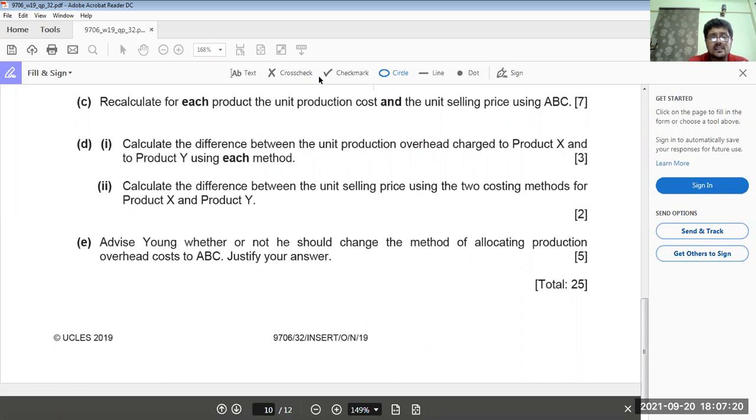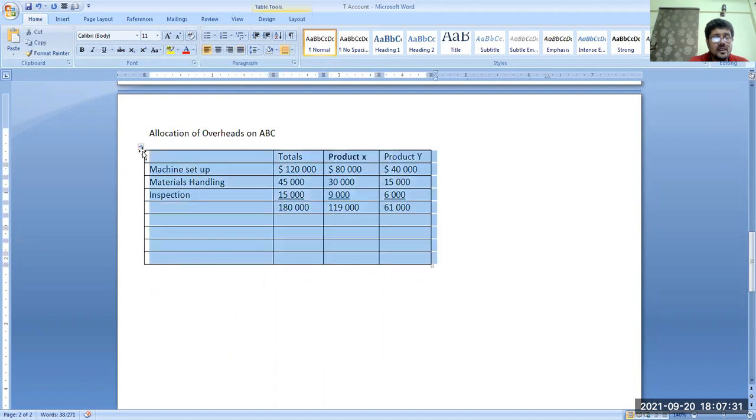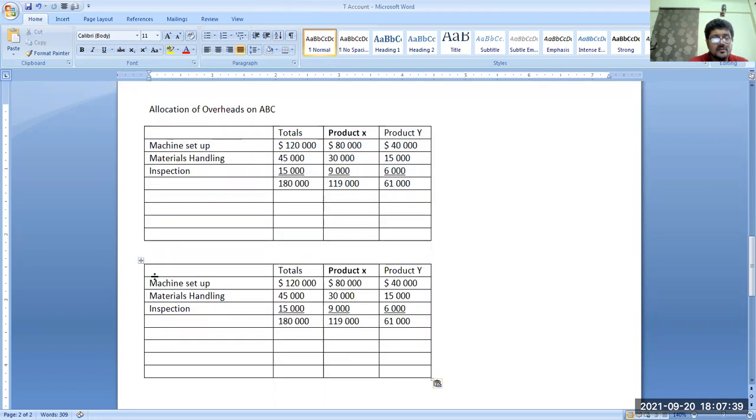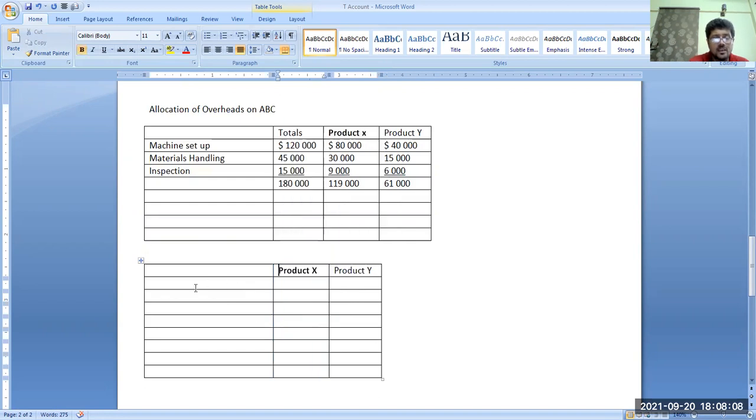Now, again, on the basis of unit. Product X, product Y. Now, this is 5D.